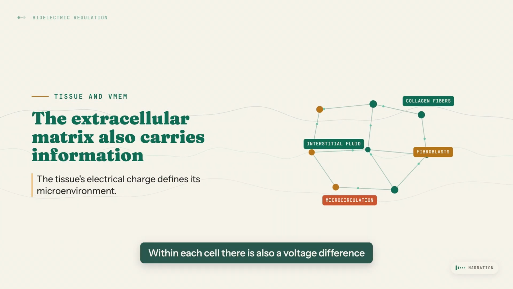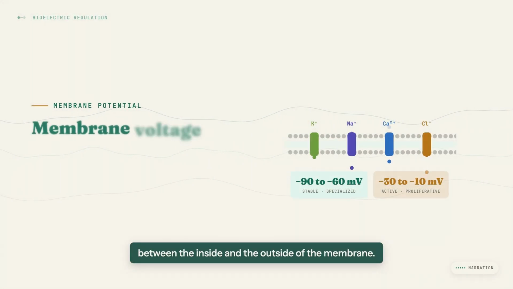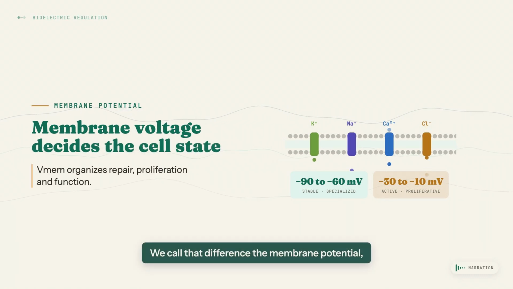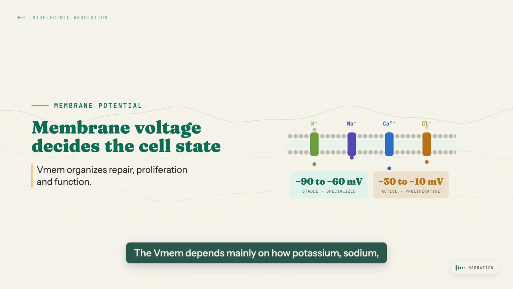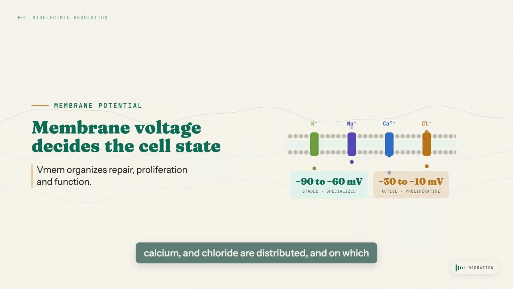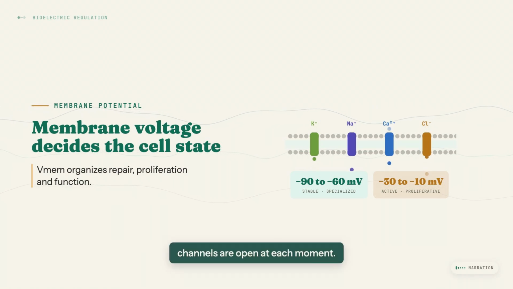Within each cell, there is also a voltage difference between the inside and the outside of the membrane. We call that difference the membrane potential, or Vmem. The Vmem depends mainly on how potassium, sodium, calcium, and chloride are distributed and on which channels are open at each moment.